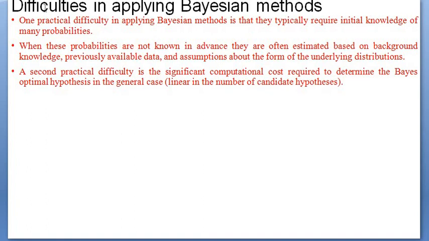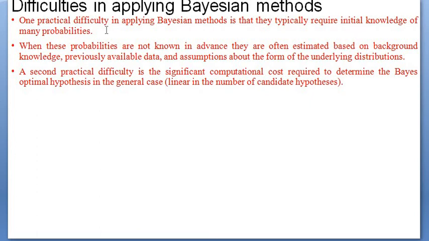Let us see what the difficulties in applying Bayesian methods are. First, practical difficulties: we should have initial knowledge of probabilities. If you don't know what probability is, and don't know how to calculate probabilities, then using this algorithm becomes very complex for you.